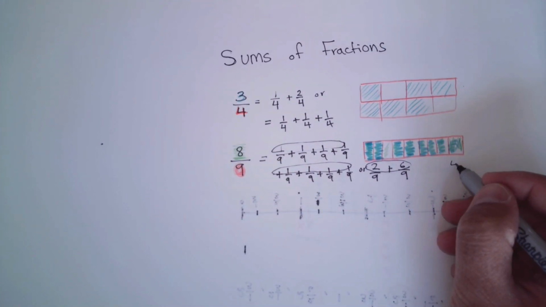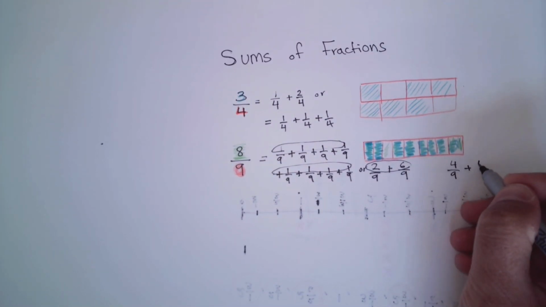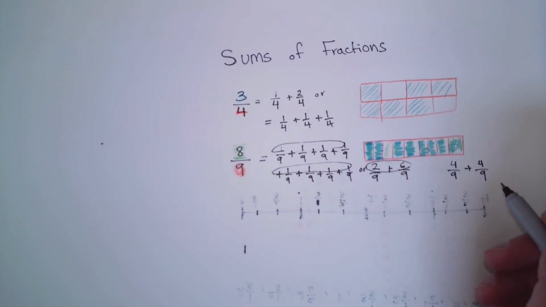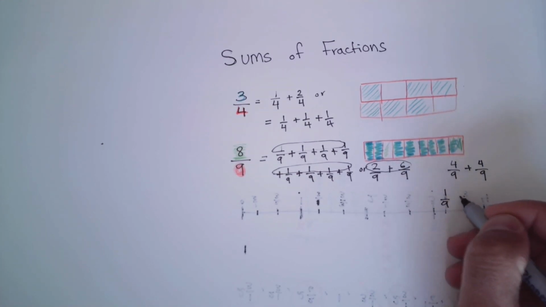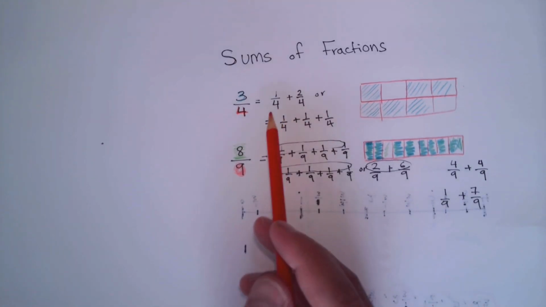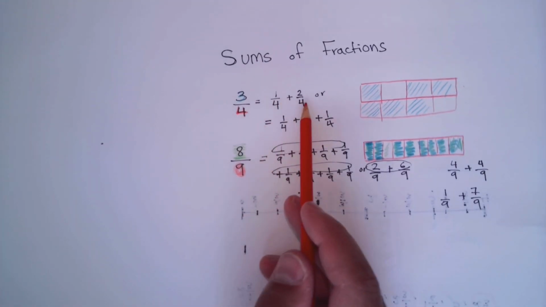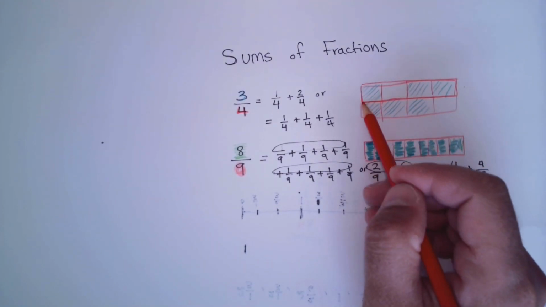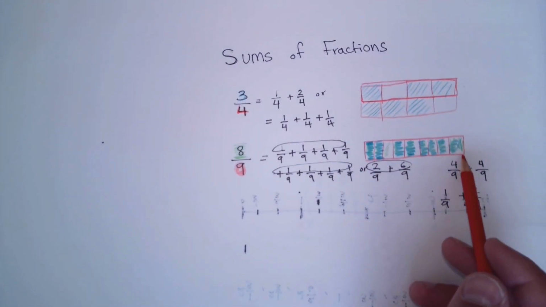So that could be 2 plus 6, 1 plus 1 plus 1, 8 times. You can do even 4/9 plus 4/9, right? In the end, it will give you 8 ninths. You can even do 1/9 plus 7/9. So when you're making the sums of fractions, remember that the denominator stays the same because we're talking about the same whole made up of 4 parts or 9 parts.